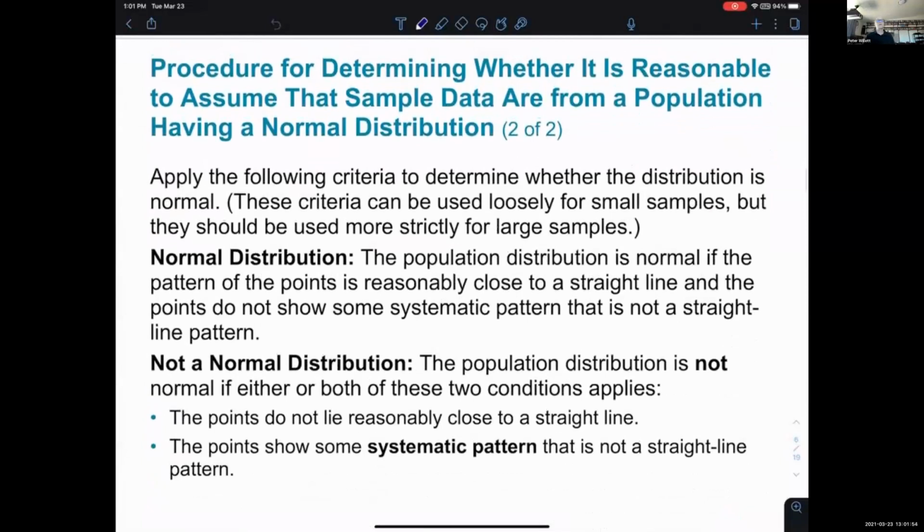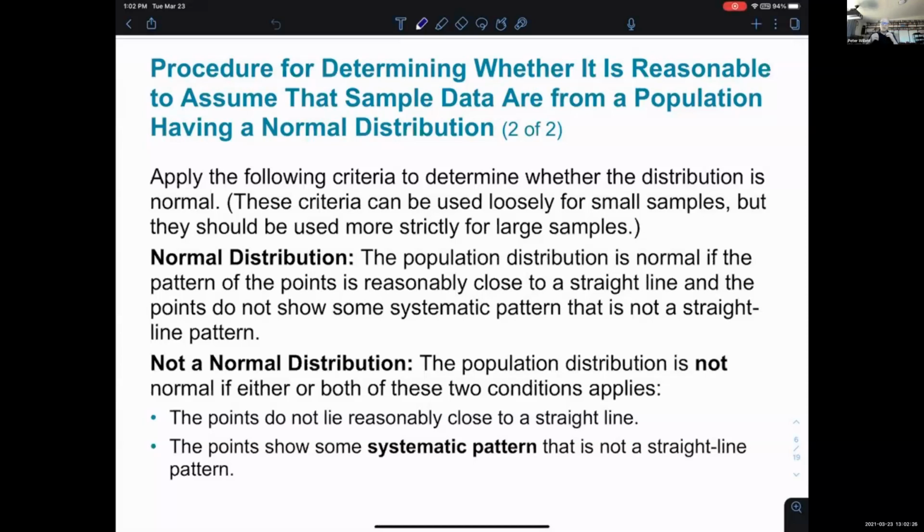Well, let's finish their summation of the procedure. Applying the following criteria to determine whether the distribution is normal. They can be used loosely for small samples, but they should be used more strictly for large samples. Normal distribution: the population distribution is normal if the pattern of the points is reasonably close to a straight line, and the points do not show some systematic pattern that is not a straight line. This is referring to the normal quantile plot.